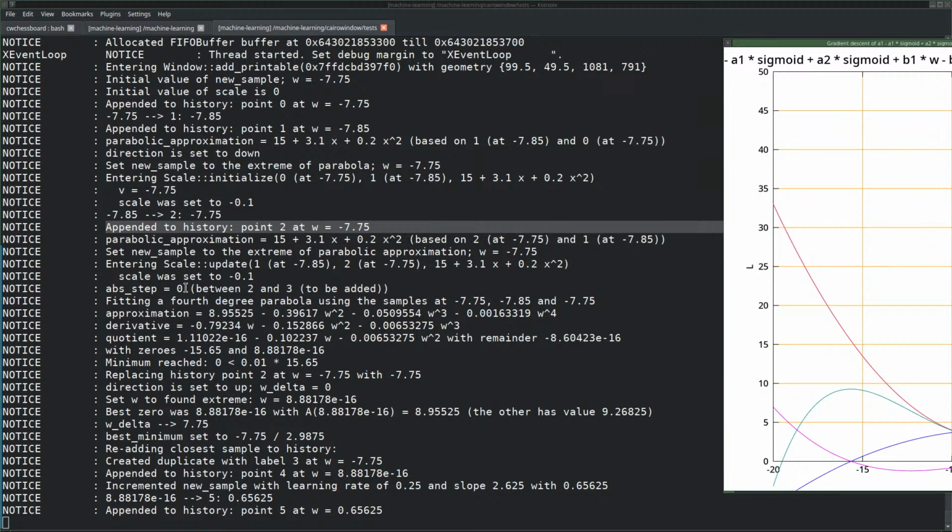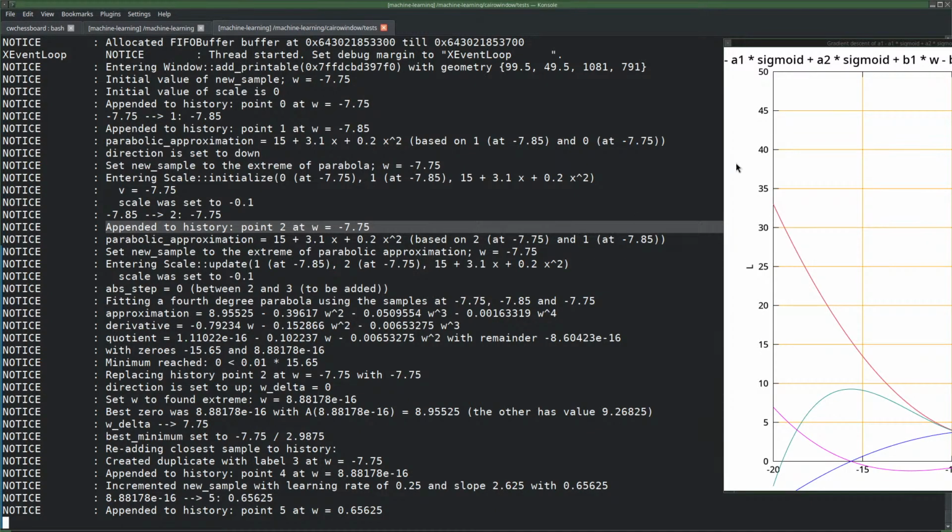Okay, now maybe I can follow it. I thought we were up here or something. So this was already printed, and then I let it continue, and it can now determine again a parabola based on 2 and 1.